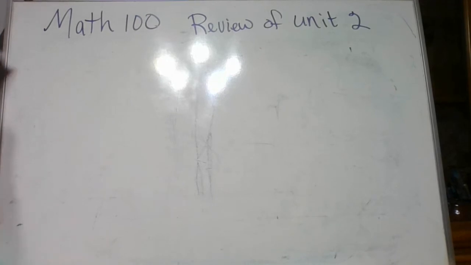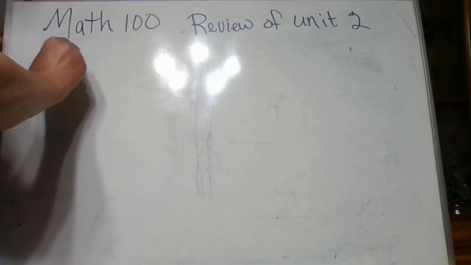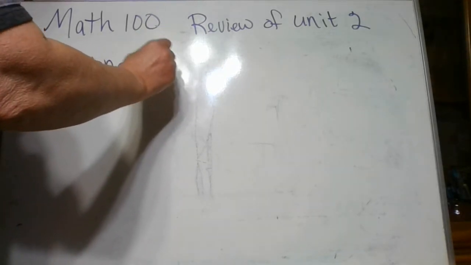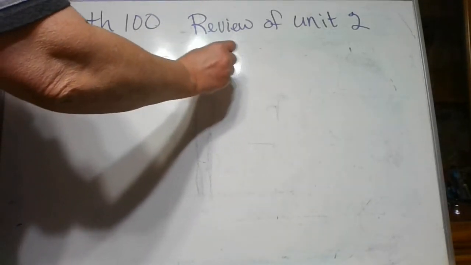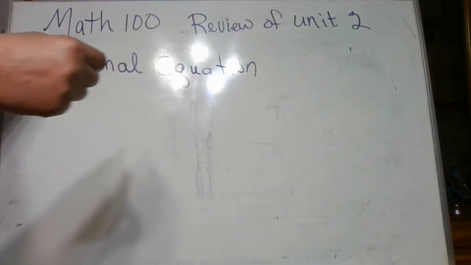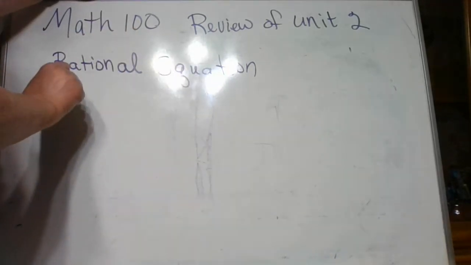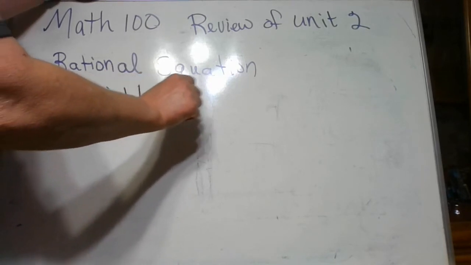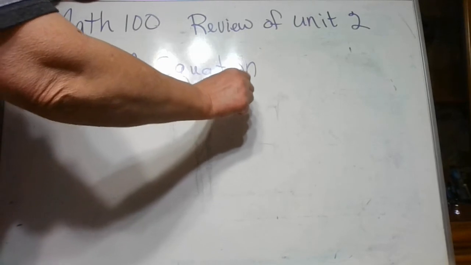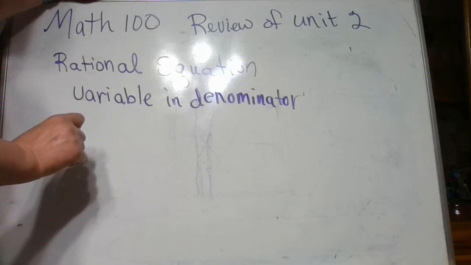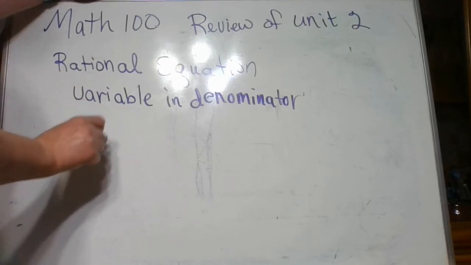Okay, moving right along, then we covered rational equations. Rational means fractions. And a rational equation is one that has a variable in the denominator, such as, say, 2 over x.